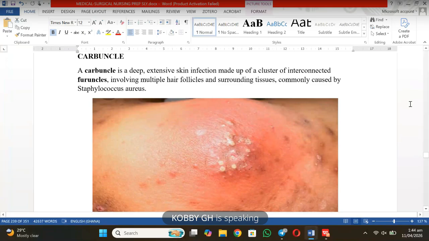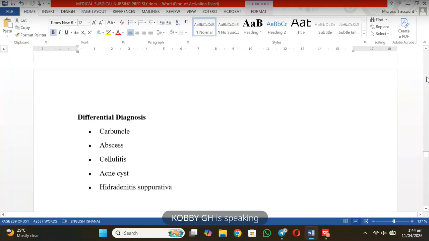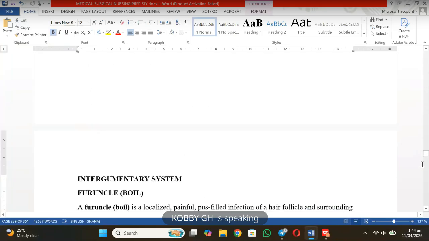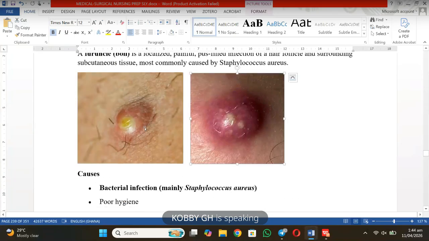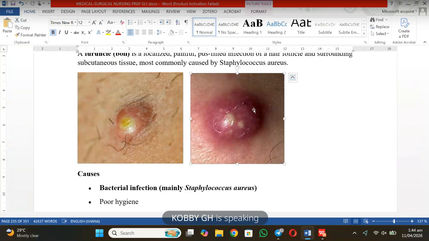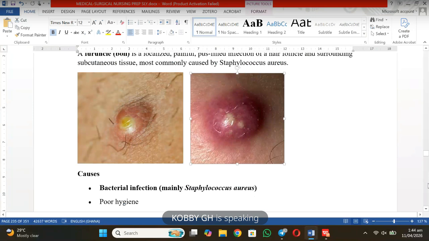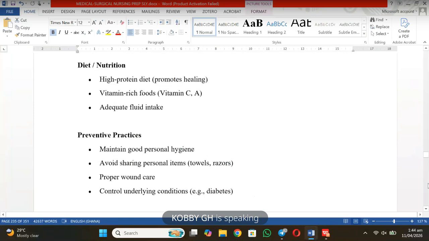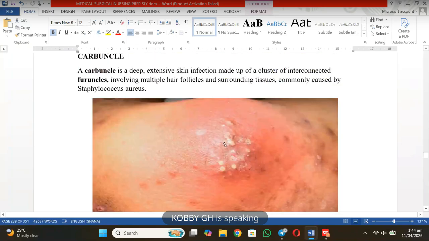Let's go back and look at the image of the furuncle again. You see the furuncle is only one. If you look at this image too, it's only one. The pus has accumulated in the subcutaneous tissue, but as a single accumulation. Now come and check the carbuncle again. You see the carbuncle, there are multiples of them.